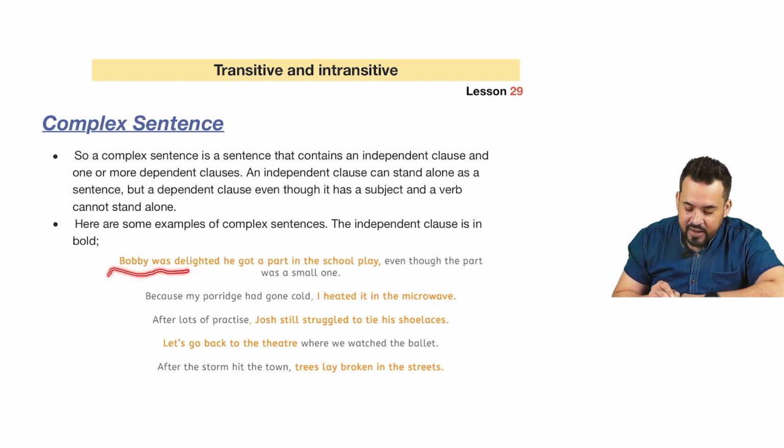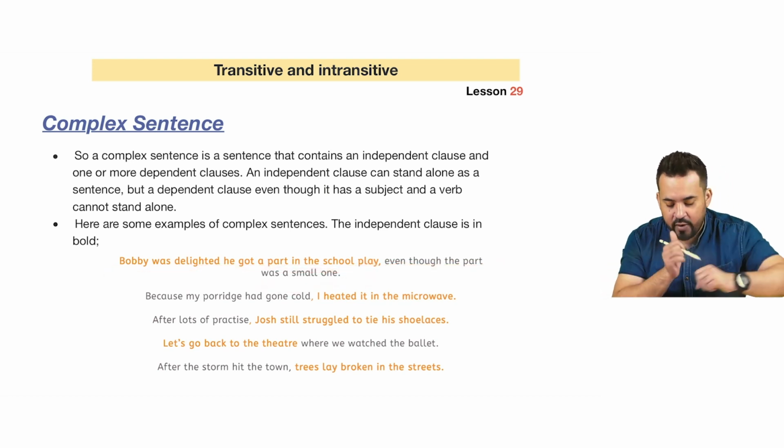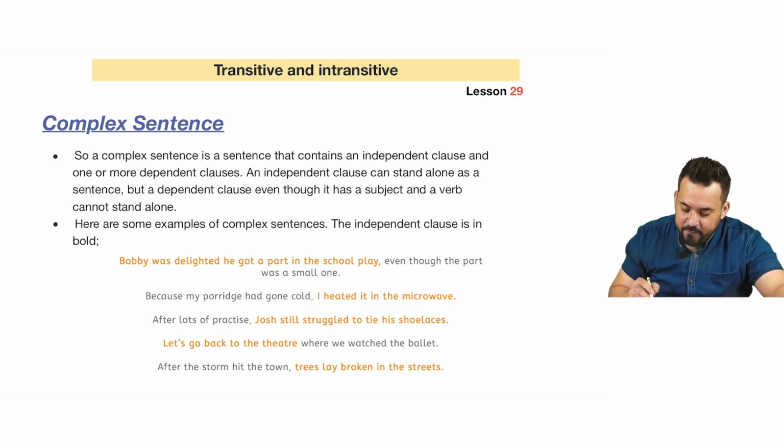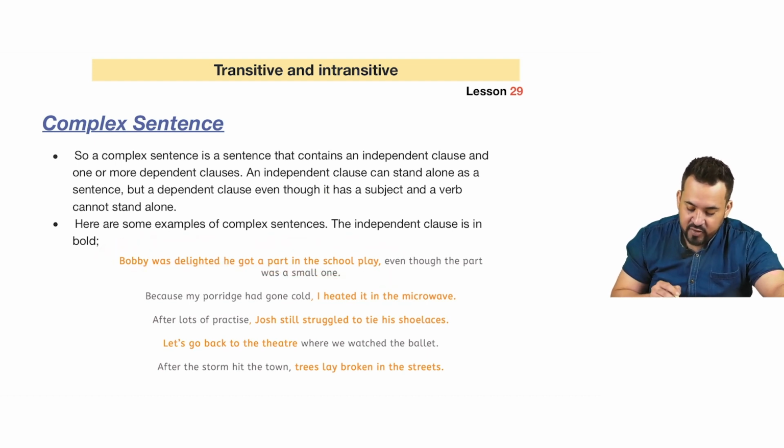Bobby was delighted he got a part in the school play, even though the part was a small one. Okay, so the independent clause here is in orange, as you can see. This is the independent clause.